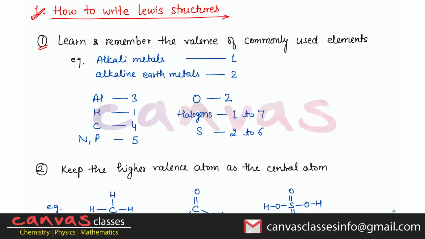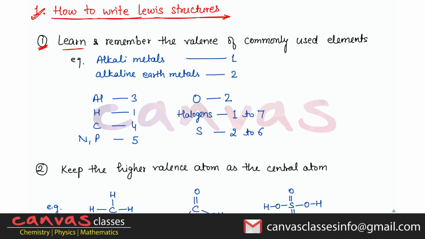First rule that you have to remember, because if you try to find the ideal method of how to write Lewis structures, you'll find various different methods or sequences or rules, but it's all about practice because Lewis structures are not the absolutely correct thing. The more you practice, you'll have your own set of rules. So it's not that you have to go by my rules only or somebody else's. It's just whatever makes you feel comfortable, right?